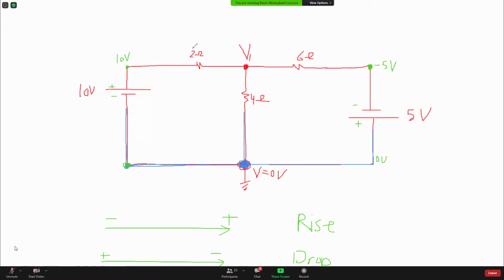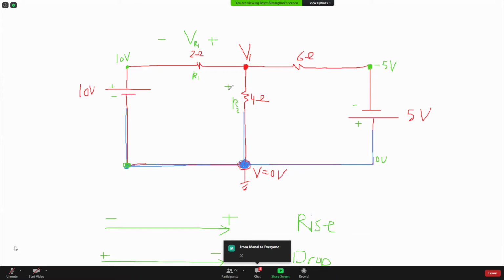Now, what is the voltage across this resistor? Let's say the voltage is positive here and negative here. What is the voltage across this resistor right now? Say this is R1, VR1. This is R2.